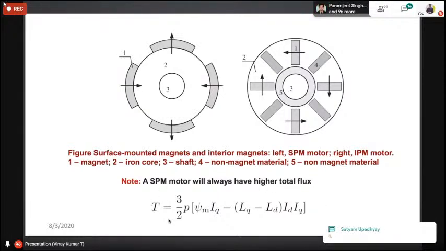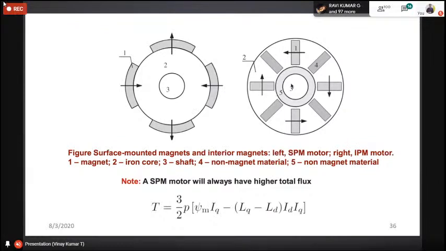This is one more expression, the torque expression in terms of LD and LQ, right? LD is the inductance with respect to the magnetic axis. LQ is the quadrature axis or interpole axis inductance. In the case of surface mounted, LD and LQ are both the same. That's why the second component is 0, nothing but reluctance torque is 0. Only reaction torque is there.